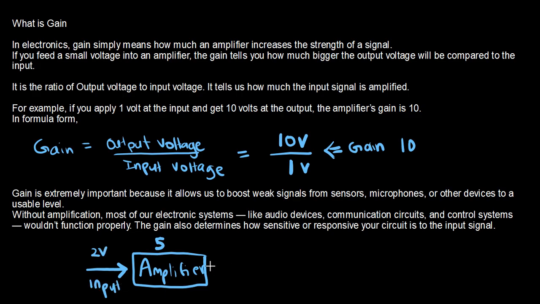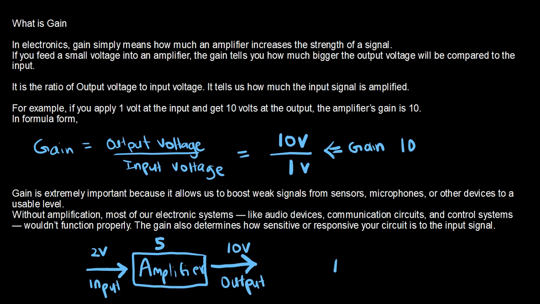What would be the output voltage that we are getting? The output voltage would be the input voltage, which is 2 volts, times the gain factor, which is 5. So 2 times 5 would be 10. We input 2 volts and we get out 10 volts, because the amplification factor or the gain is 5 here.